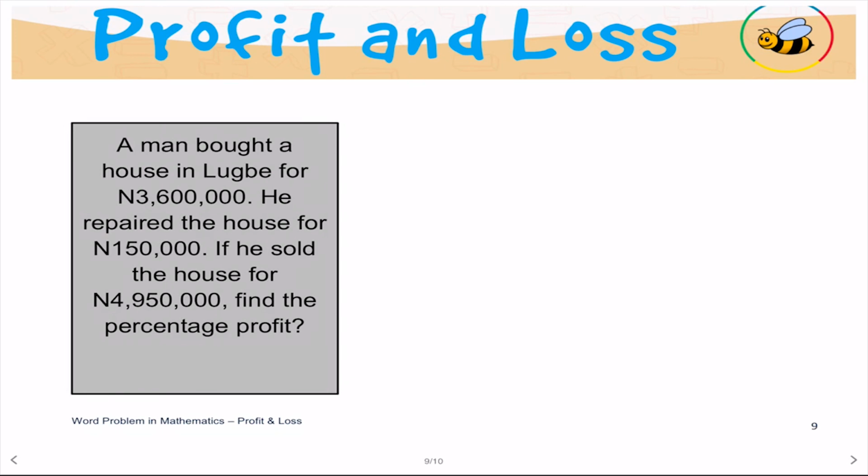Okay, so let's identify what we know in a very methodical way, again, as I have always prescribed, especially when it comes to profit and loss calculations. Alright, so we have our Naira signs here. So let's say selling price of the house.